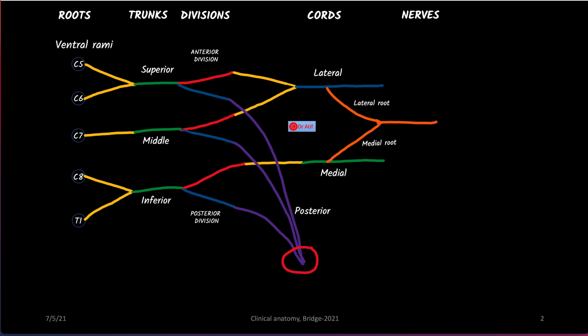Let's see, the lateral cord becomes my musculocutaneous nerve, which is responsible primarily for supplying the flexors of my arm. And what are these muscles? These muscles are coracobrachialis, biceps brachii and brachialis. After supplying these muscles, it becomes sensory, and it continues further.